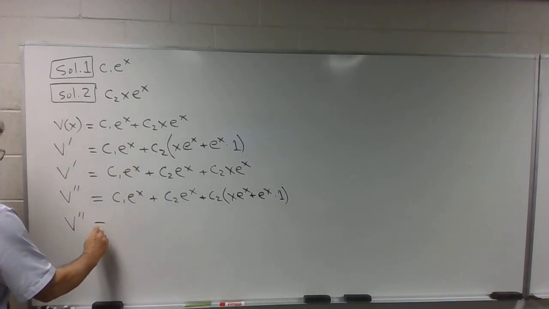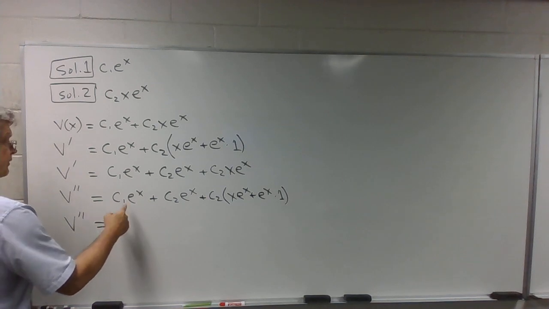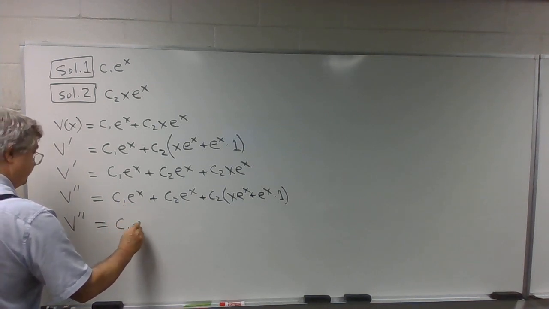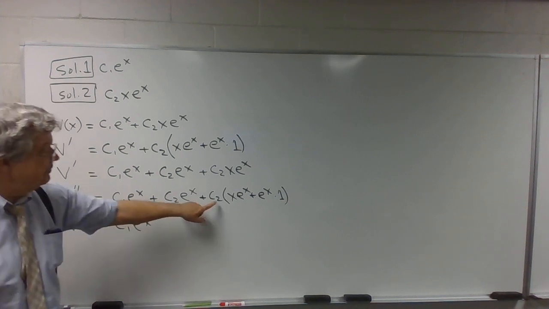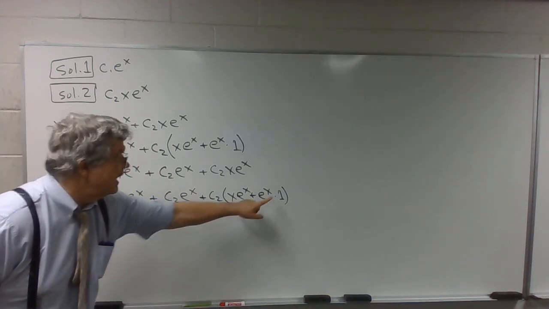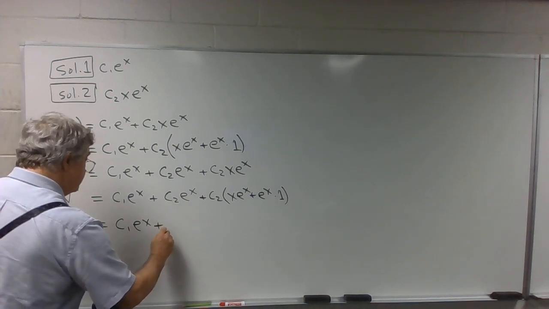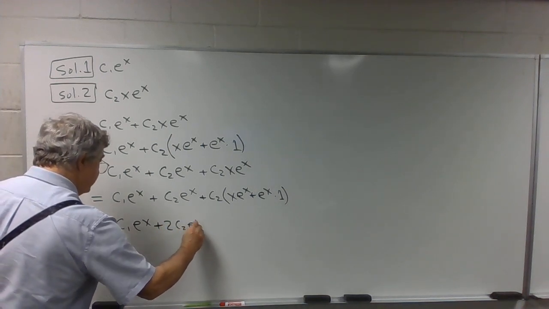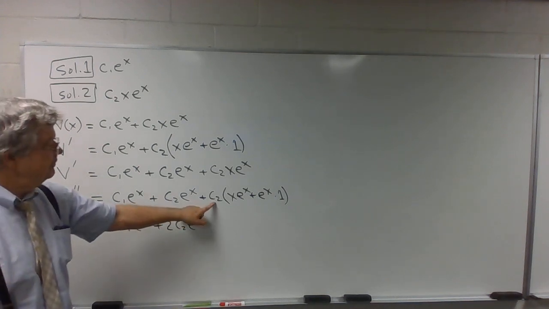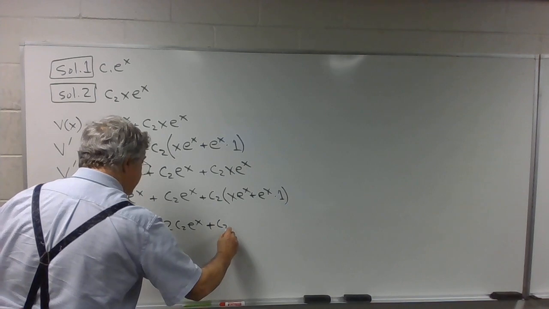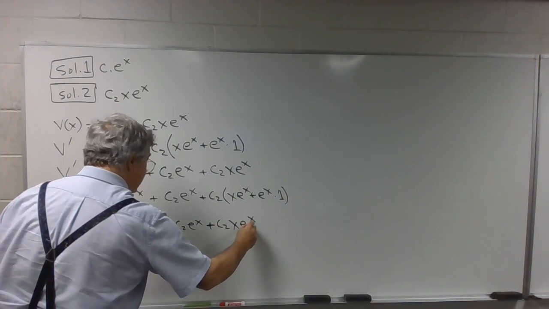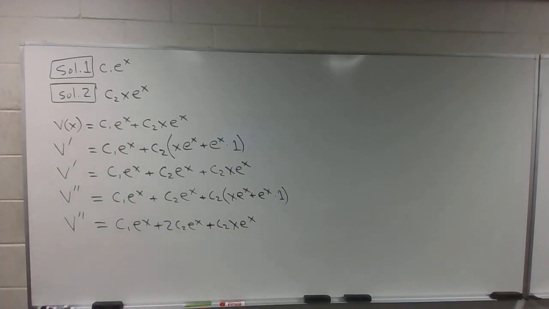And I'll simplify. V double prime is C1 e to the x plus C2 e to the x plus another C2 e to the x. So that's 2 C2 e to the x plus C2 x e to the x. Okay, so there's V, V prime, V double prime.